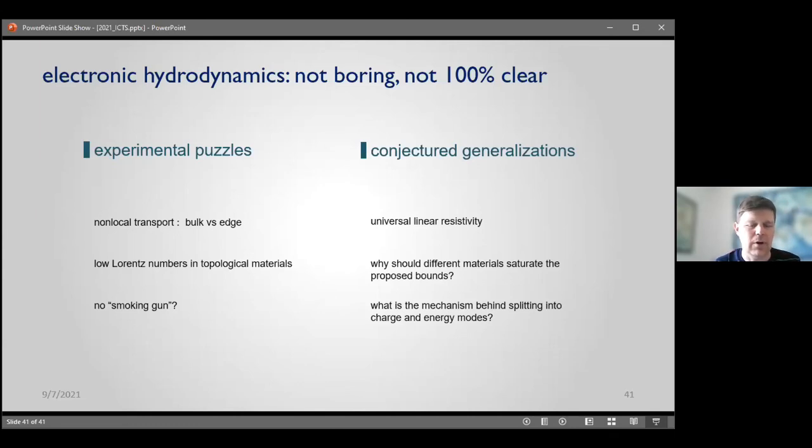So you have momentum conservation, and then due to the momentum conservation, there is one momentum-like mode for which the collision integral simply vanishes.